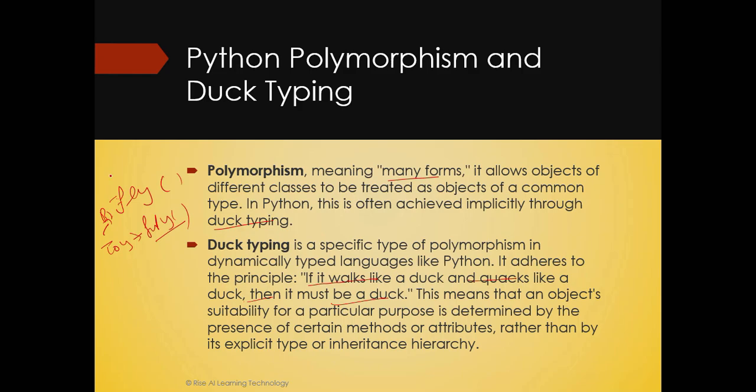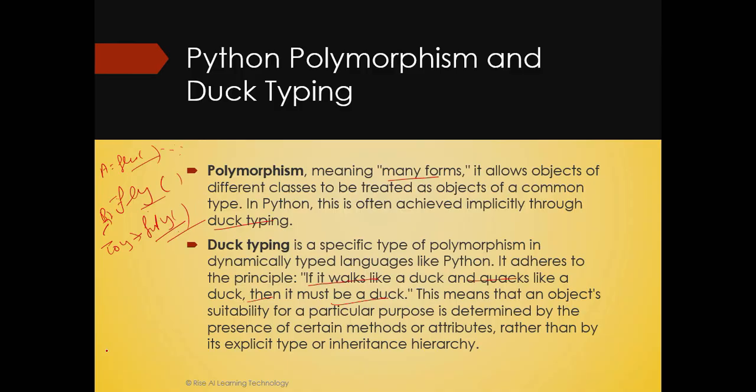An aeroplane can also fly. So what we are trying to say here is: allow objects of different classes to be treated as objects of a common type. So this fly, this fly, this fly, the same thing is there, but it has many forms. Here this fly is doing something else, here this fly is doing something else, and here it is doing something else.